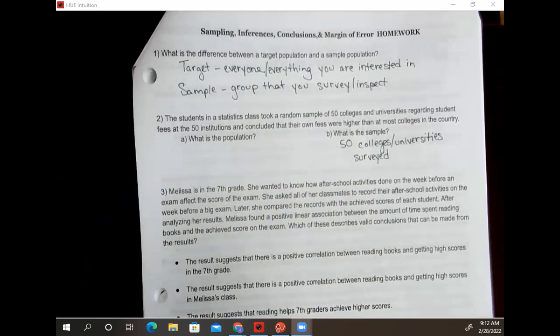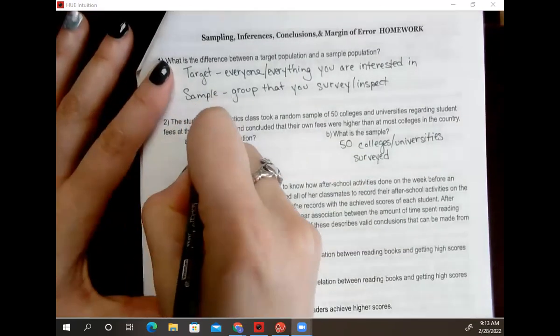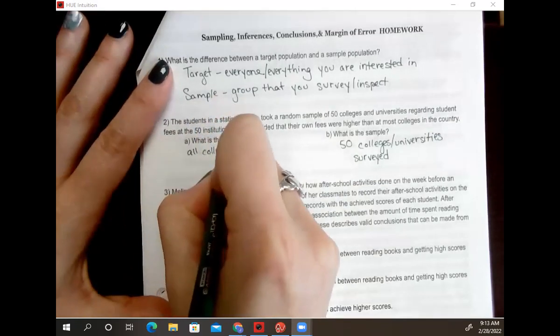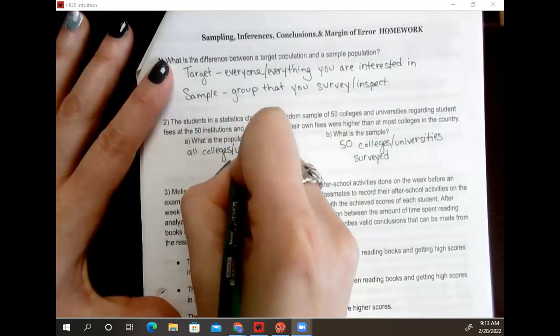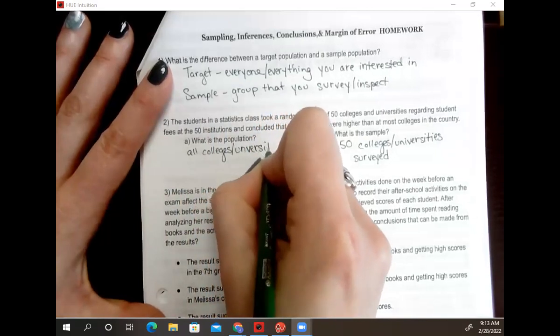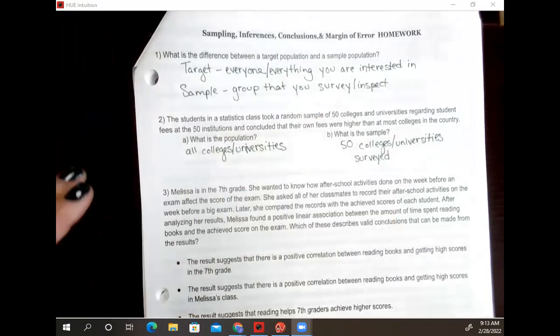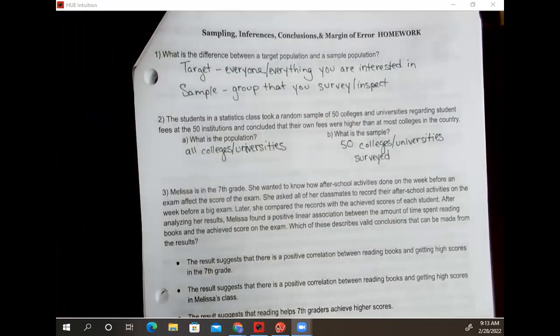If I surveyed a group of colleges and universities, that means I'm interested in information about colleges and universities. Sometimes, again, it's easier to look at who did I specifically talk to or what did I specifically inspect, and then look at that bigger picture.